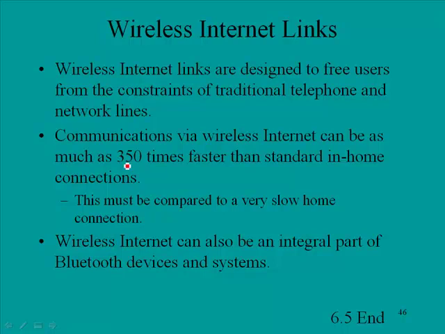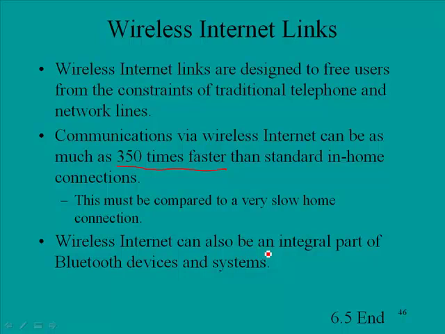I'm thinking this must be compared to a very slow home connection, because usually, if you have a wired connection via cable, T1, T3, fiber, or any of those, they will be vastly faster than the wireless internet connection. Mind you, wireless internet connections are usually faster than a dial-up modem, but I think 350 times faster is a little bit of a stretch. But we'll see as time progresses, maybe it'll get better.